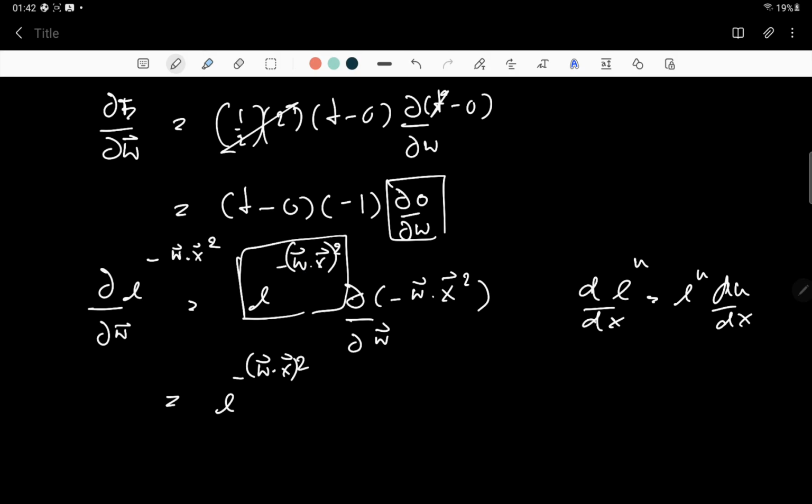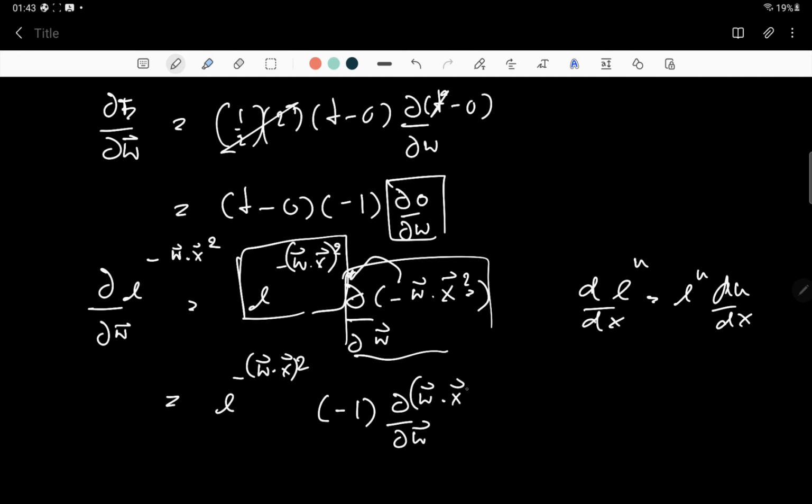So you have to differentiate this one, so it will be 2. You have to move the minus here first, so it will be minus 1, and its 2 will move here. It will be the weight dot x squared, right?